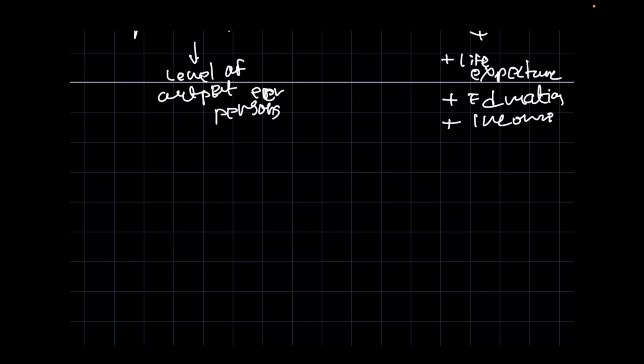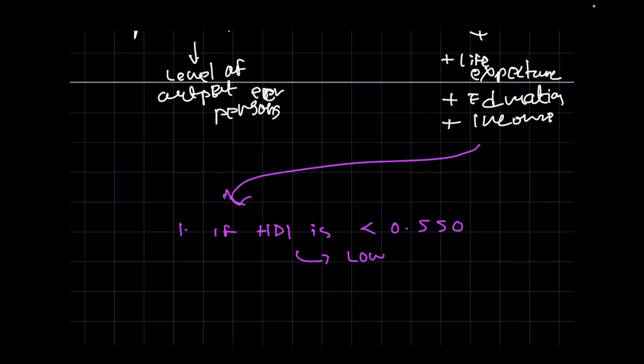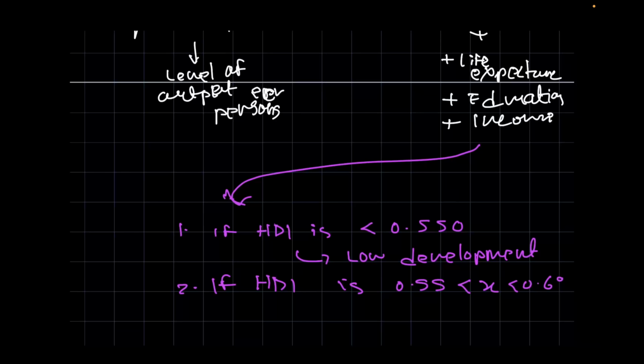So now there are some key figures related to HDI that you might want to remember for your exams. Number one, if HDI is less than 0.550, the economy is under low development. Number two, if HDI is between 0.55 to 0.699, that means that the economy is under mid development.